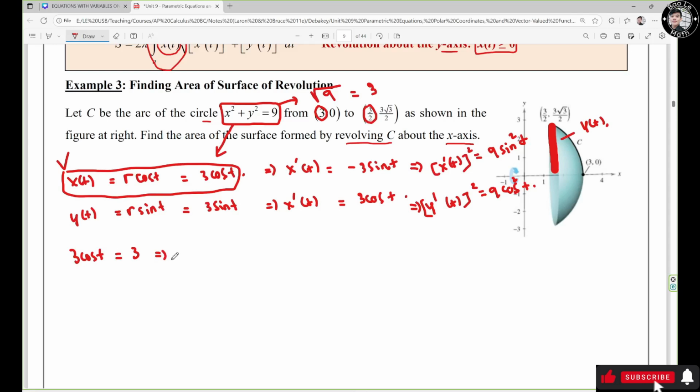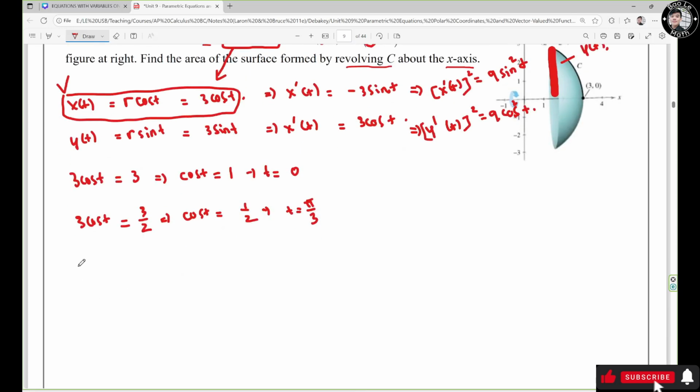You need to solve for t, so cosine of t equals 1, then t equals 0. Now the second one, 3 cosine of t equals 3/2, then cosine of t equals 1/2, then t equals pi over 3, right?